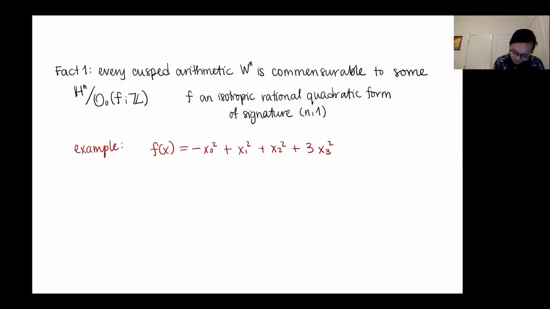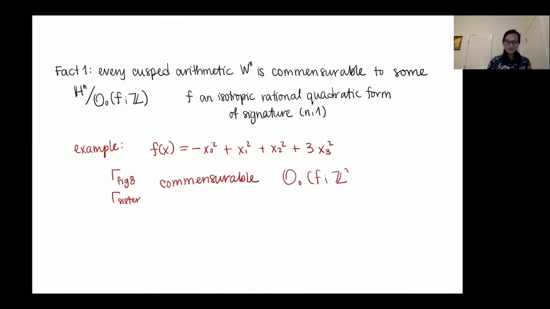Well, it turns out that if I take this particular form, then if I look at the fundamental group of the figure 8 knot, or the fundamental group of the sibling of the figure 8 knot, or the sister of the figure 8 knot, both of these are commensurable with this orthogonal group. Okay, so that's just one example.